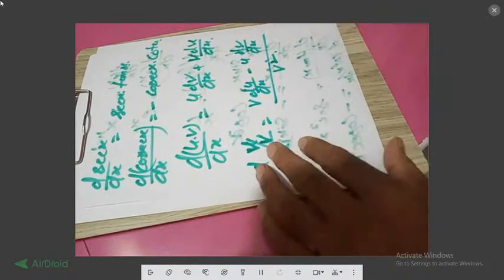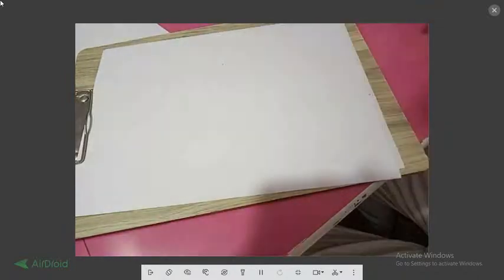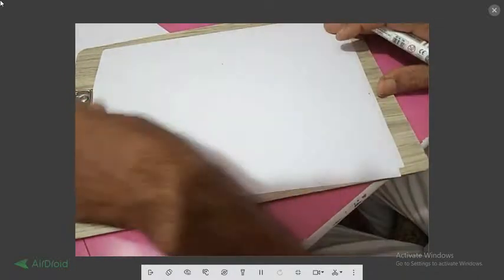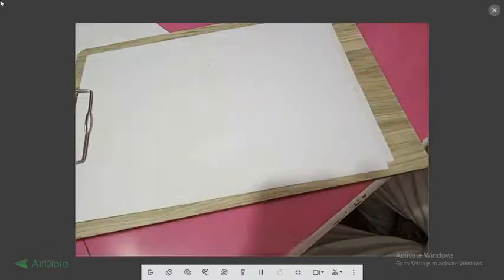These are the formulas for the differentiation to solve the problems. These formulas are always used at any stage of this.